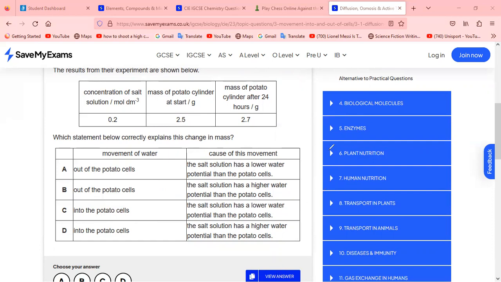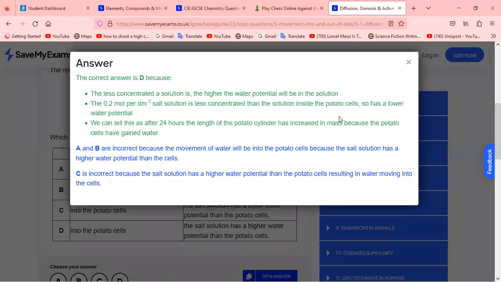Let's check the answer. Correct answer is D. Oh, I think we made a mistake somewhere. Let's look at it again. The less concentrated a solution is, the higher the water potential.